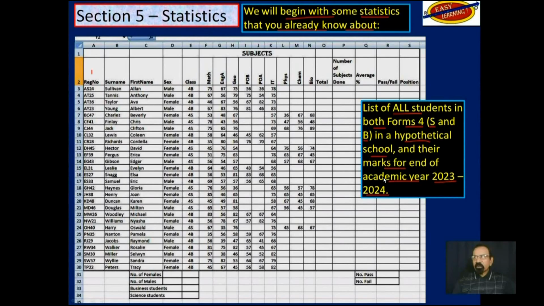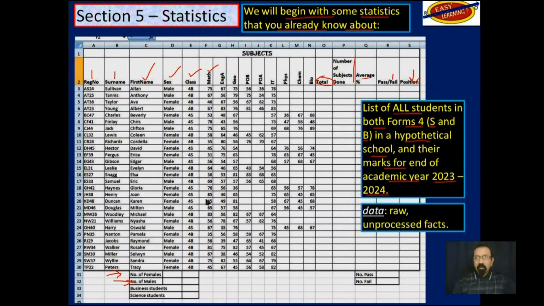So you have registration number here, surname there, first name here, sex, class, marks for certain subjects. Over here, total marks, number of subjects done, average, pass or fail, position or rank. And then you have, for the details here, number of females, number of males, and so on.